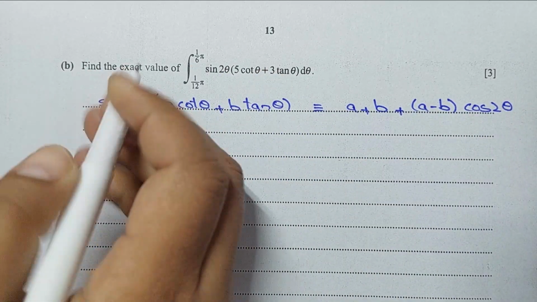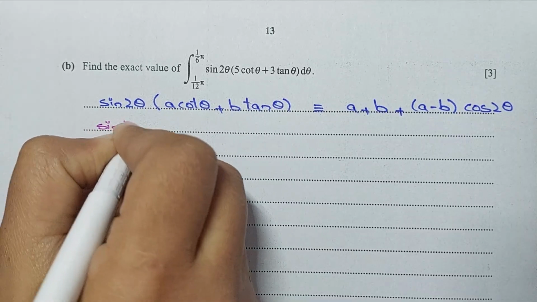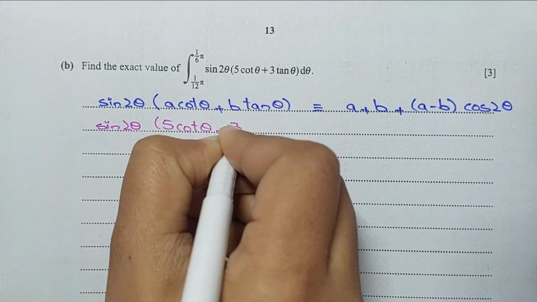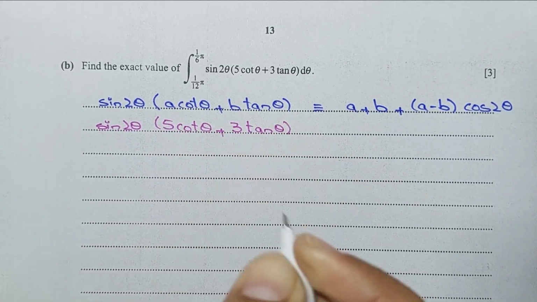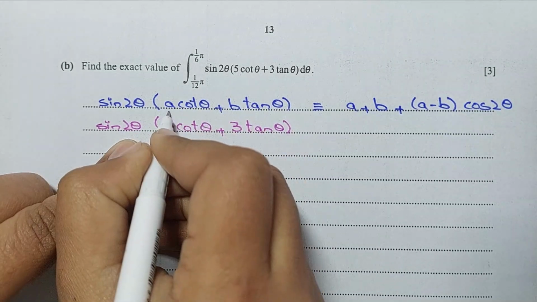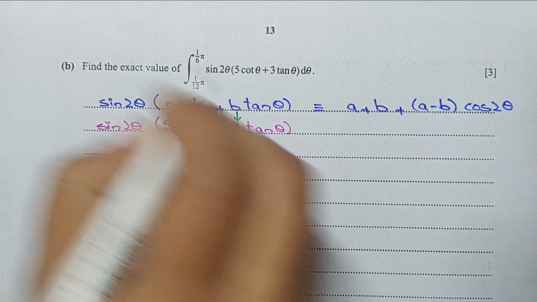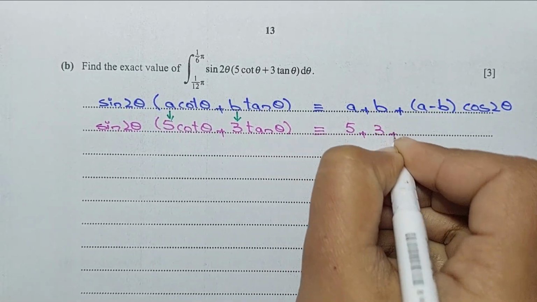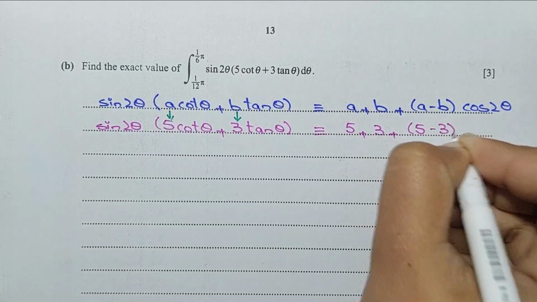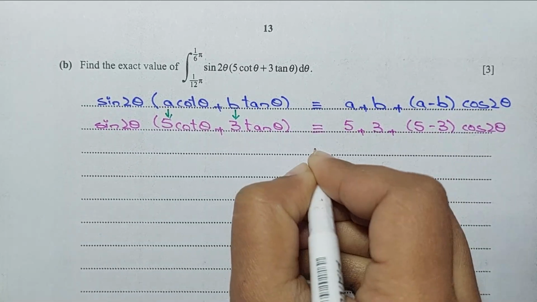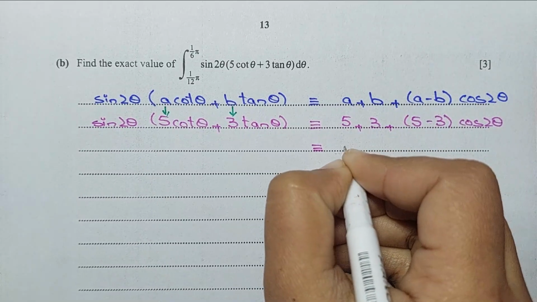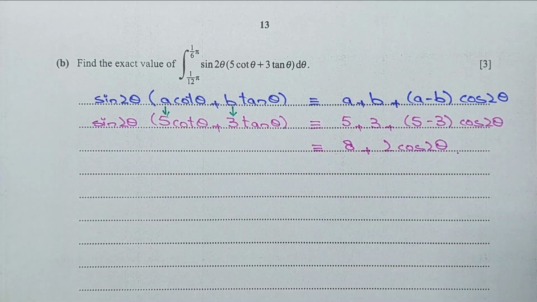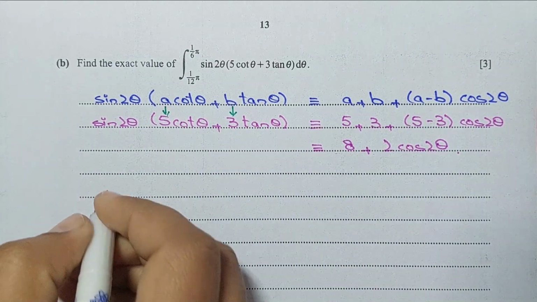Now if I make a comparison, we have sine 2 theta (5 cot theta plus 3 tan theta). So what does that mean? This means that the a value is 5 and the b value is 3, right? This is always equal to 5 plus 3 plus (5 minus 3) cos 2 theta, or 8 plus 2 cos 2 theta. Okay. Now we can integrate it.